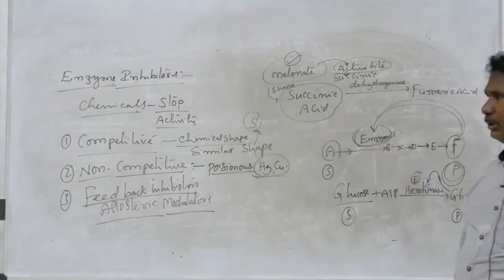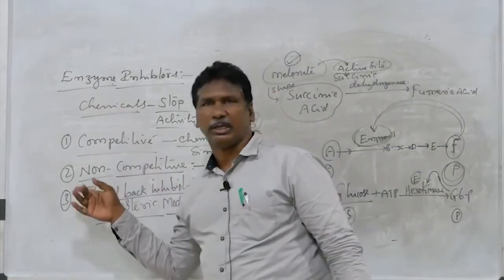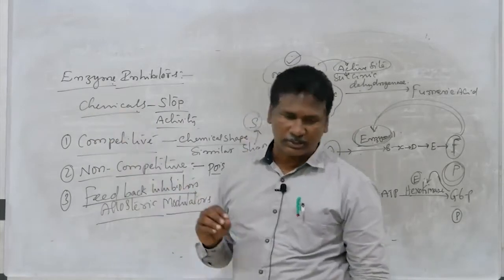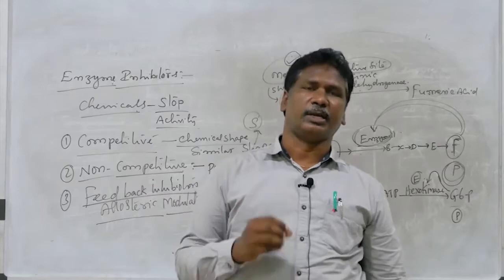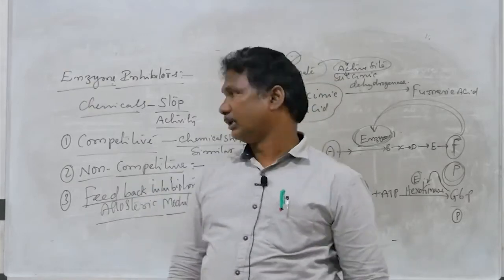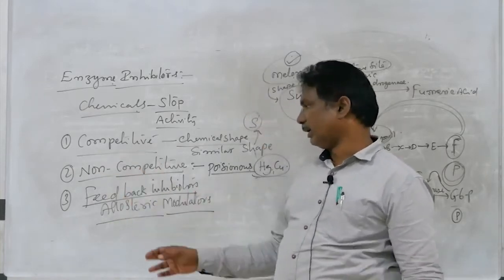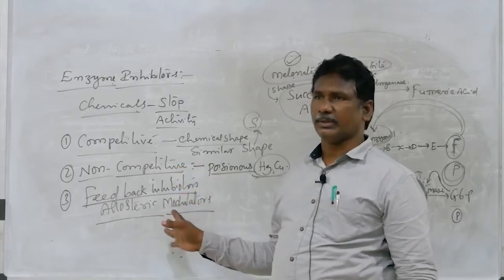Before going to another topic, let's recapitulate once again. Enzyme inhibitors are chemicals which can stop the activity of an enzyme. There are 3 types of enzyme inhibitors: competitive inhibitors, non-competitive inhibitors, and feedback inhibitors.